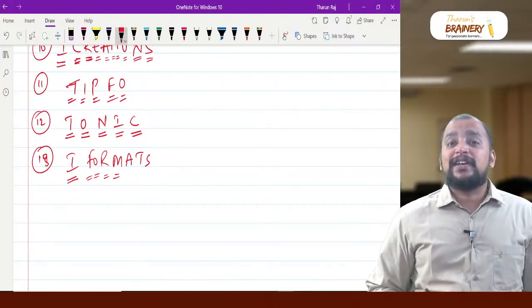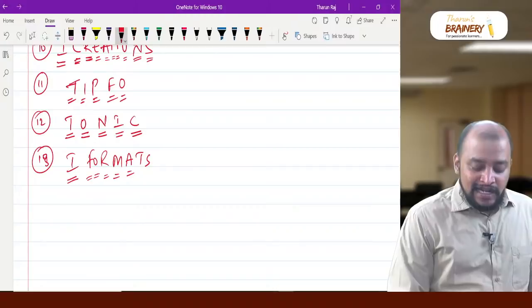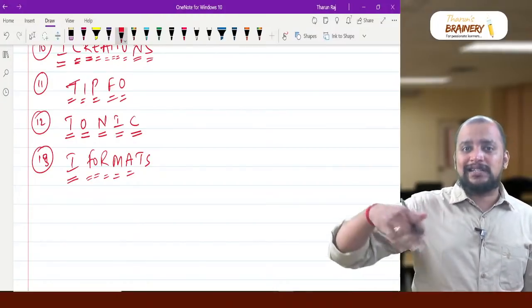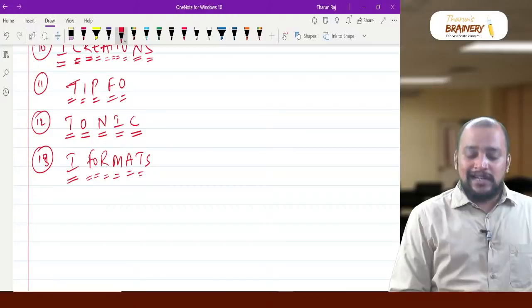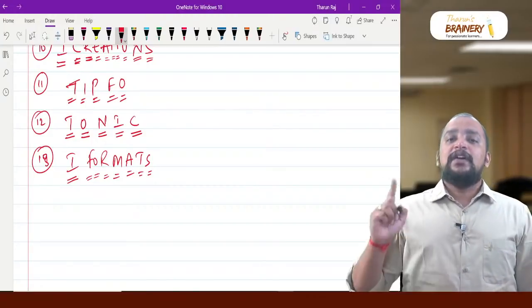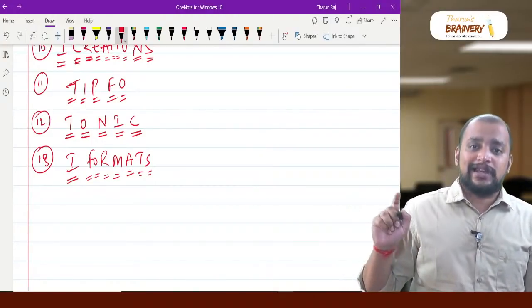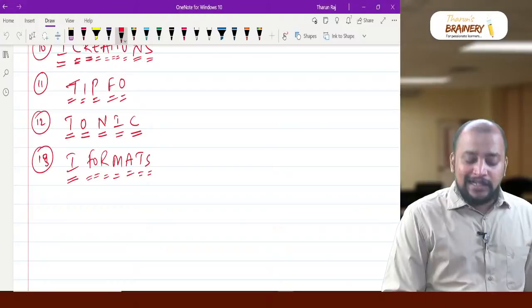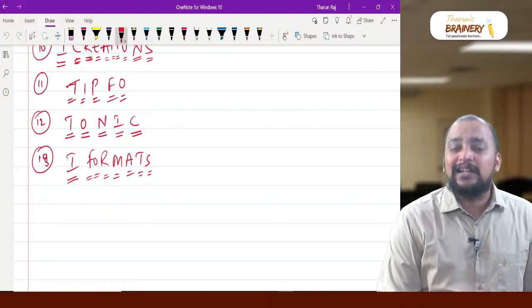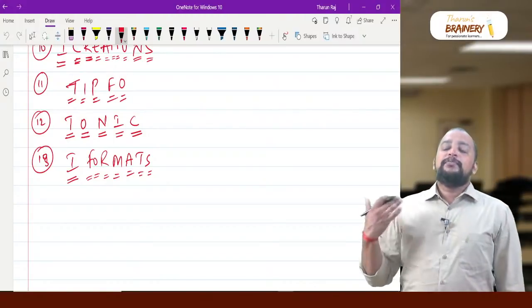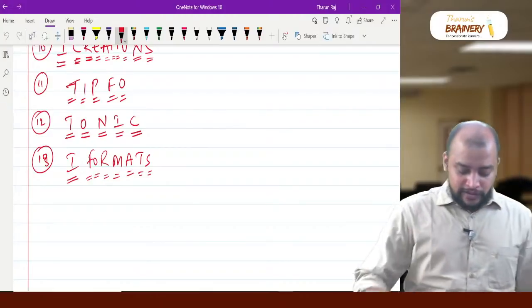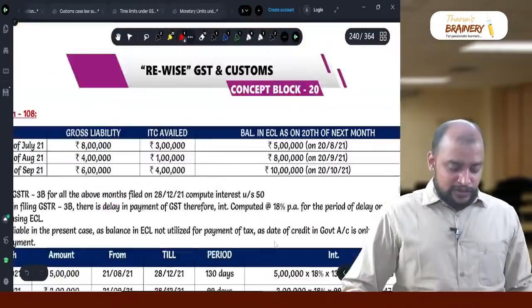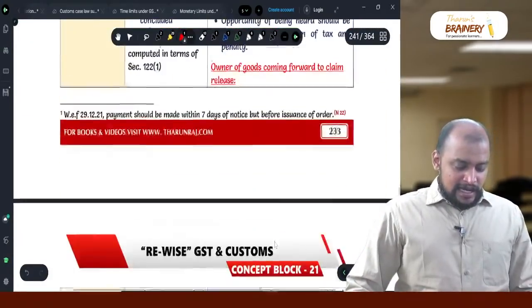M for manufacture and production related details. A for advances received, adjusted and paid. T for tax details. S for stock of the goods. A person who is under composition scheme is not required to maintain T and S, only I FORM. But a normal person maintains all IFORMATS. Okay, so that is related to the accounts and records.